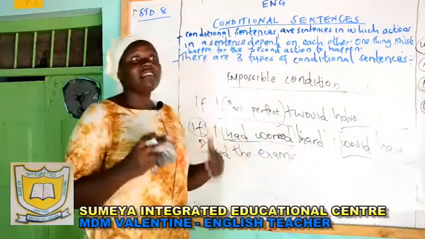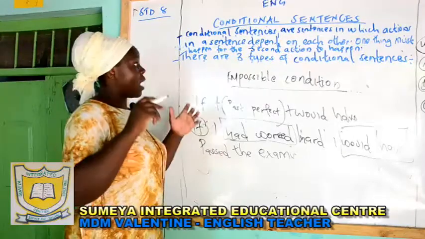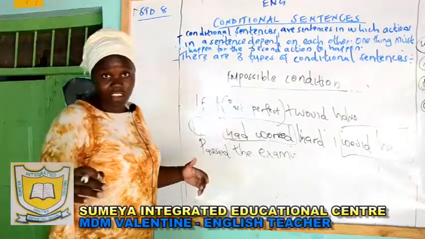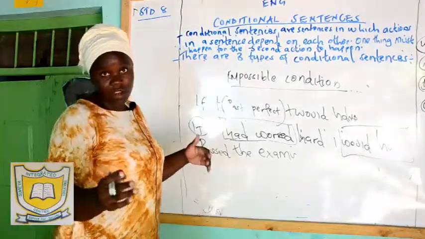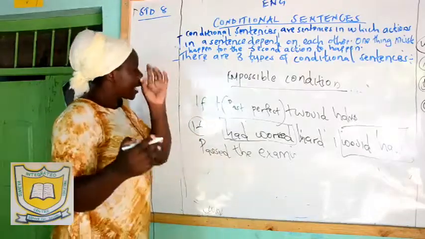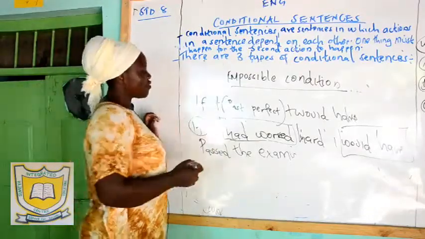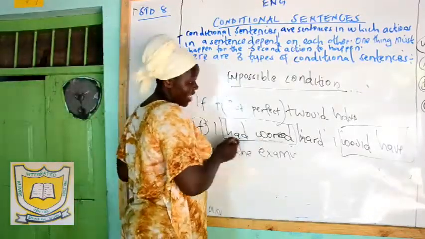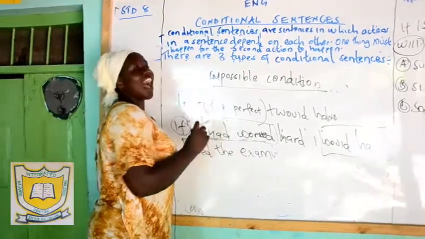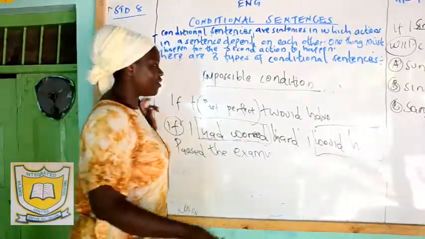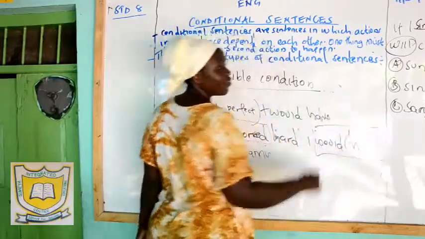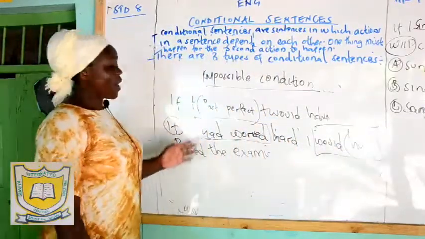Now, this tells you when to use the unlikely condition and the impossible condition. What's the difference? In the unlikely condition, you don't have a past perfect tense, and also you don't have a have. So what does that mean?